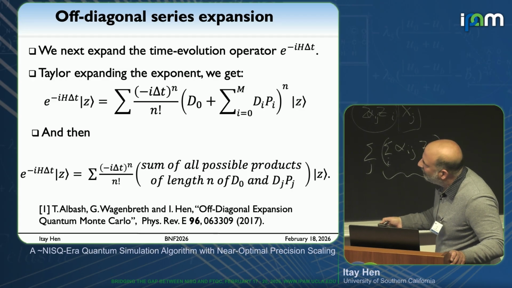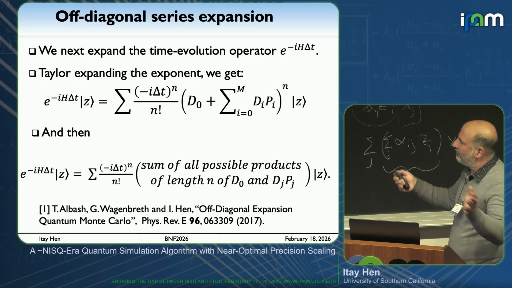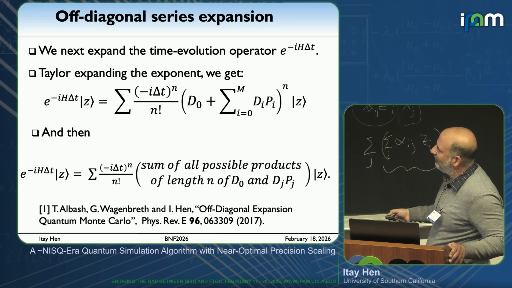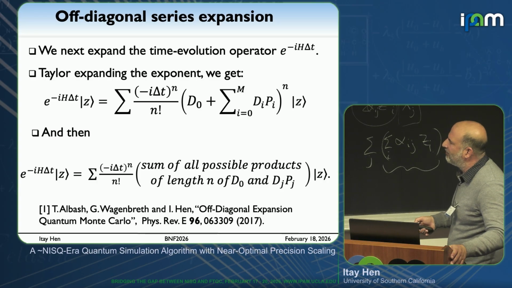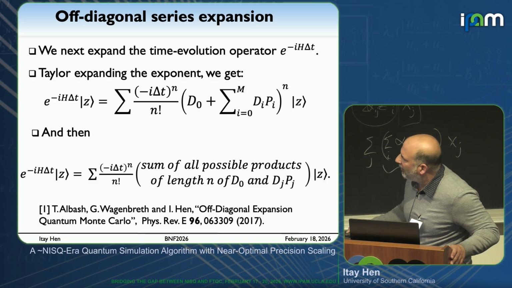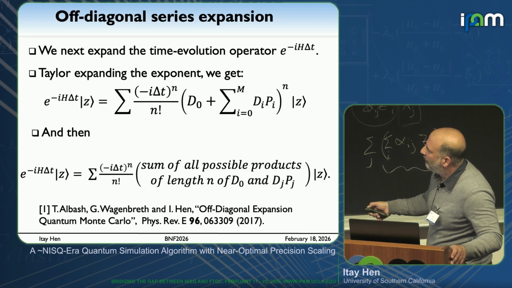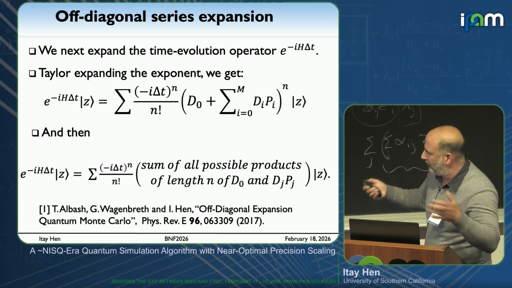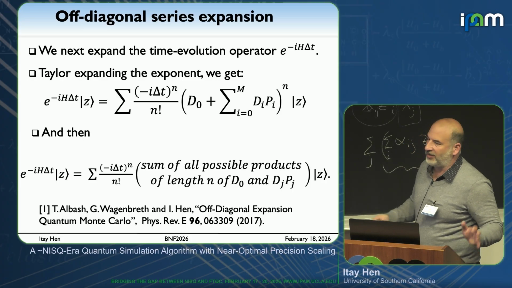Before I do the action, once we write this thing and expand the parentheses, what you see is that we end up with a sum over all possible products of length n, for every n, of either d0 or dj pj, because we're just expanding this. So you have essentially all the products, and there are exponentially many of them.